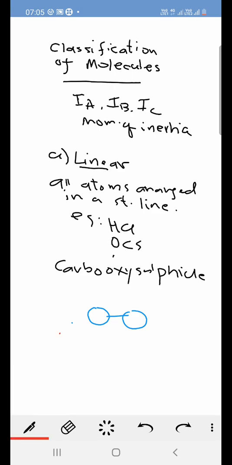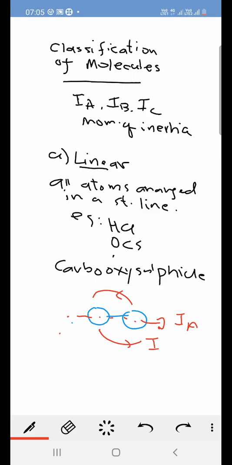This is the bond axis, and it can rotate like this. The moment of inertia corresponding to that rotation I put as IA. It can also rotate like this, end to end.